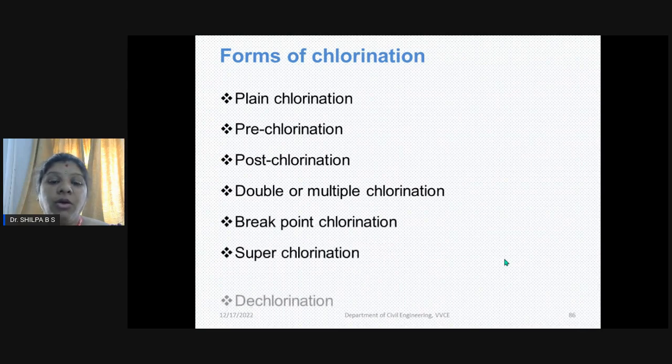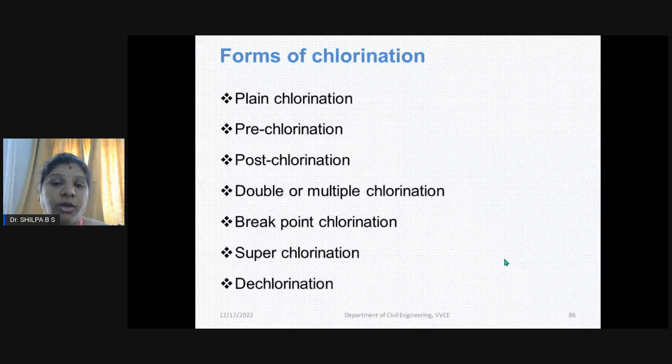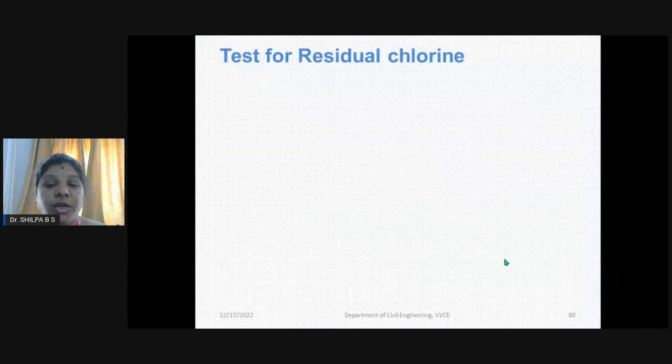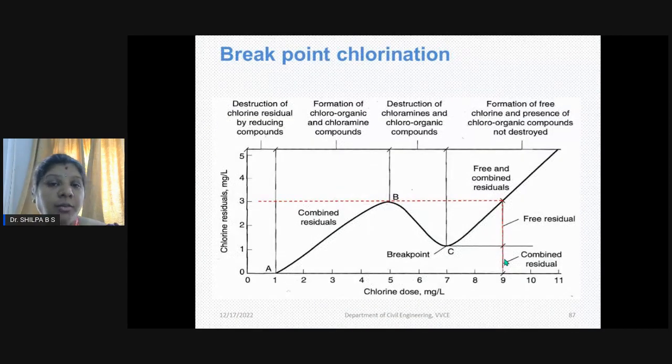Depending on where we add the chlorine, we have various types of chlorination: plain chlorination, pre-chlorination, post-chlorination, double chlorination, breakpoint chlorination, superchlorination, and dechlorination. Breakpoint chlorination is the type that we most of the time use in our laboratories to know the chlorine demand of the given water sample.